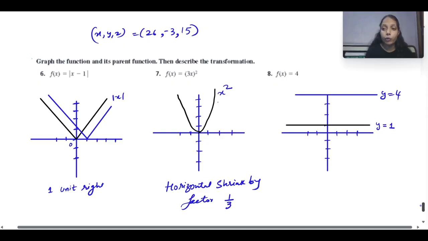Which one? The number is 4, and 4 is greater than 1. In the case of vertical, if the number is greater than 1, it is a stretch. Vertical stretch by factor 4.